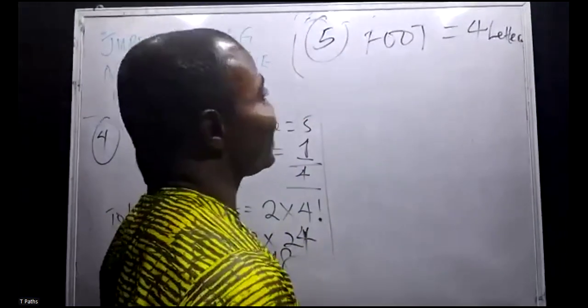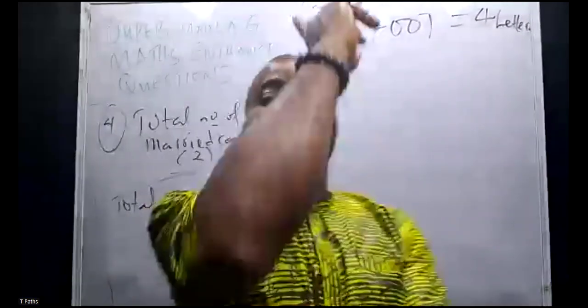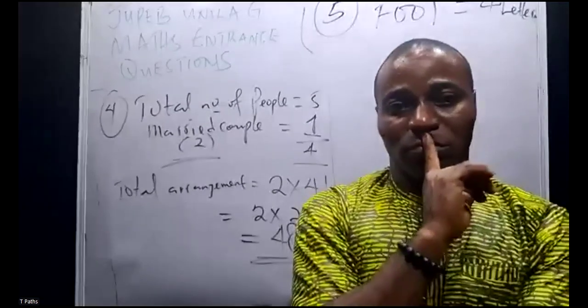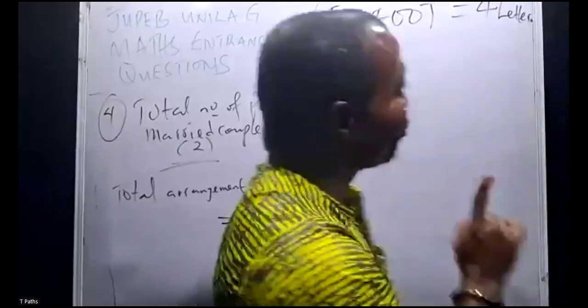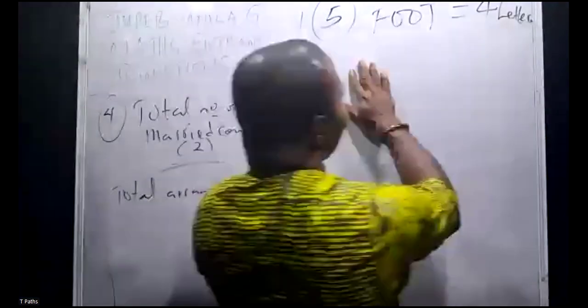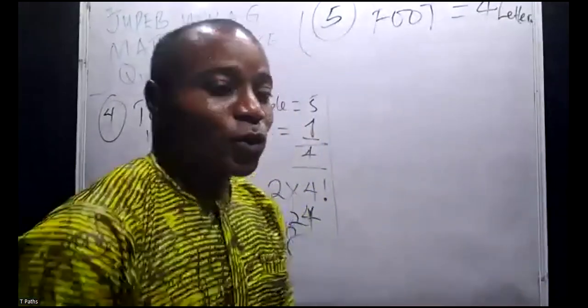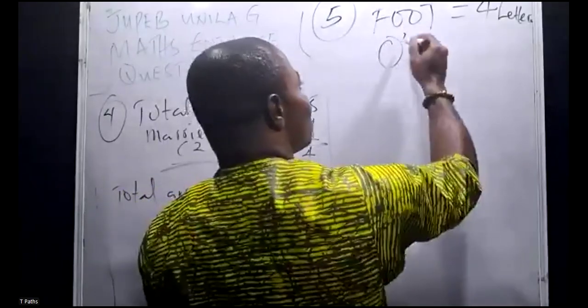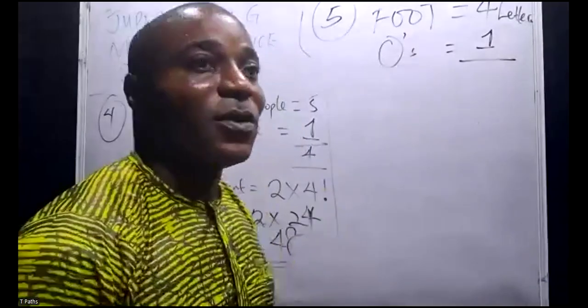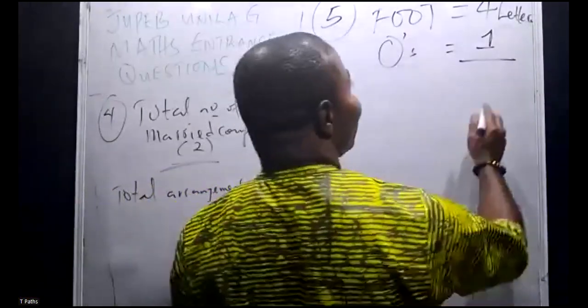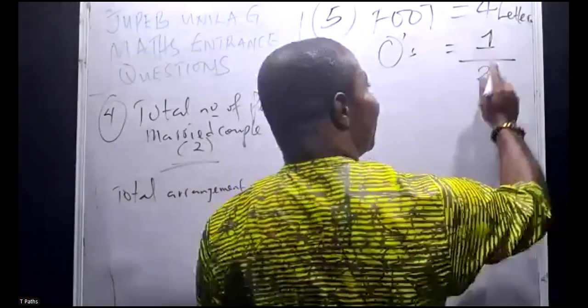What it means is that the O's will be taken as 1. The total letters for the word foot is 4. So the O's taken as 1, that's 1 out of 4, which leaves 3 letters.